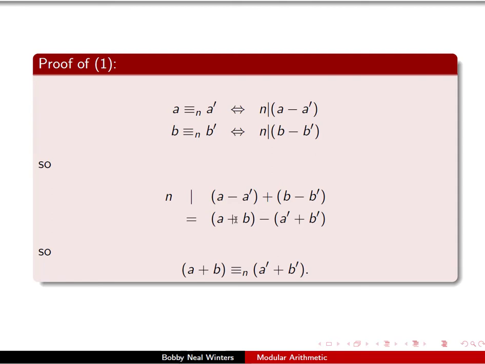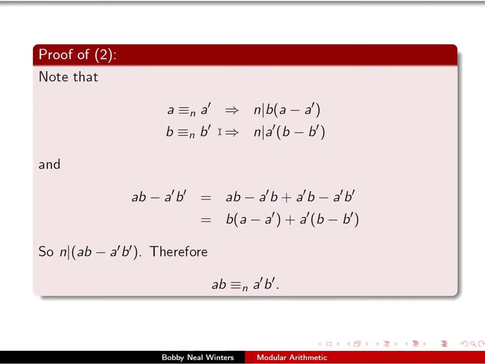I can then just use the rules of ordinary arithmetic to reorder these and get that n then divides the difference between a plus b and a prime plus b prime. That means that a plus b is equivalent mod n to a prime plus b prime.